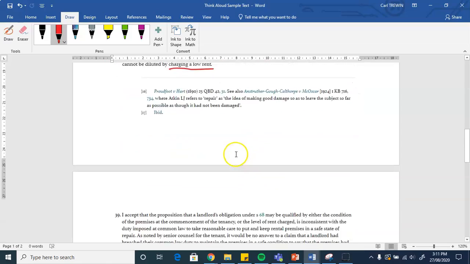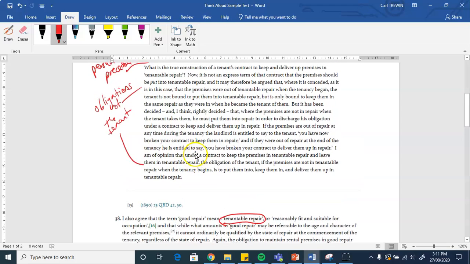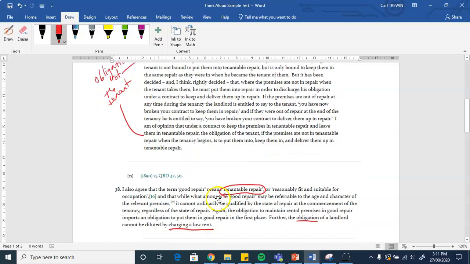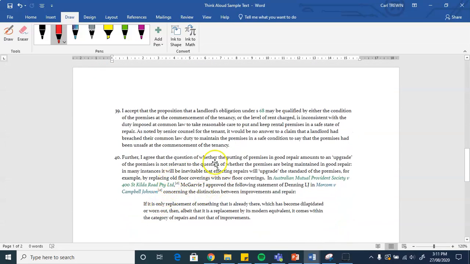This is a fairly settled standard, and he's agreed with the persuasive precedent that there is a set or concrete understanding of what tenantable repair is, and that both the tenant and the landlord have the obligation to meet that standard. So let's see how the judge applies it in this case.